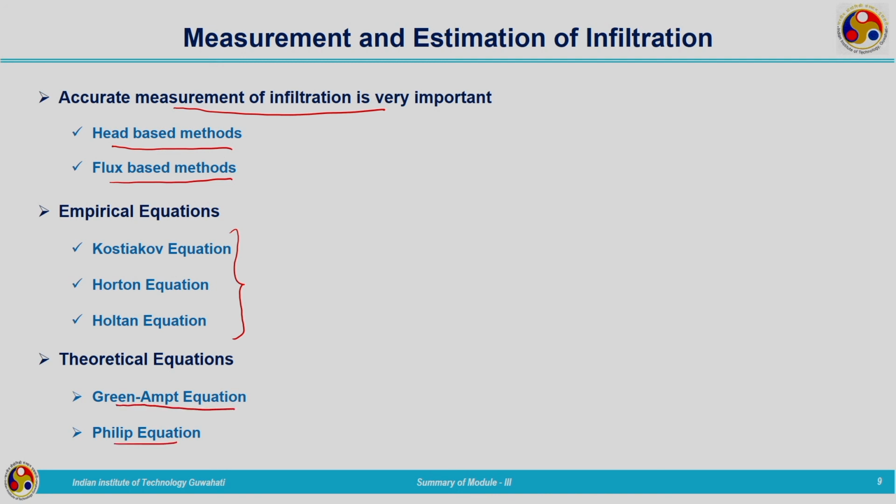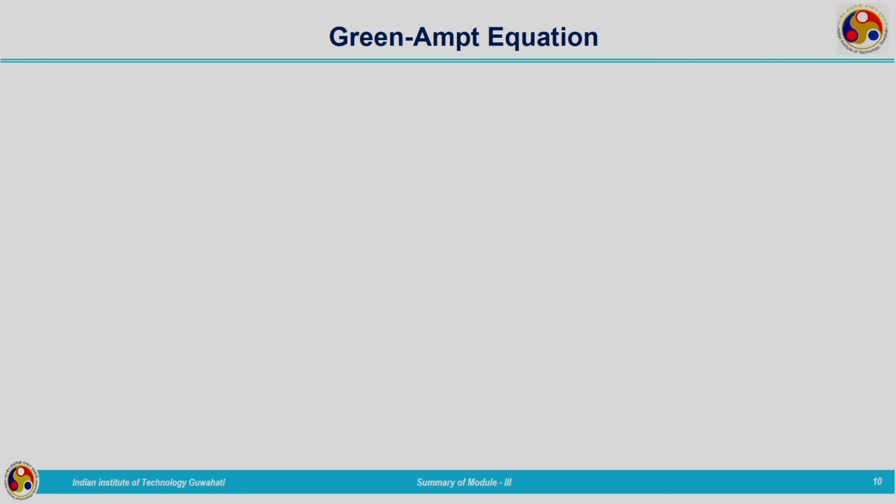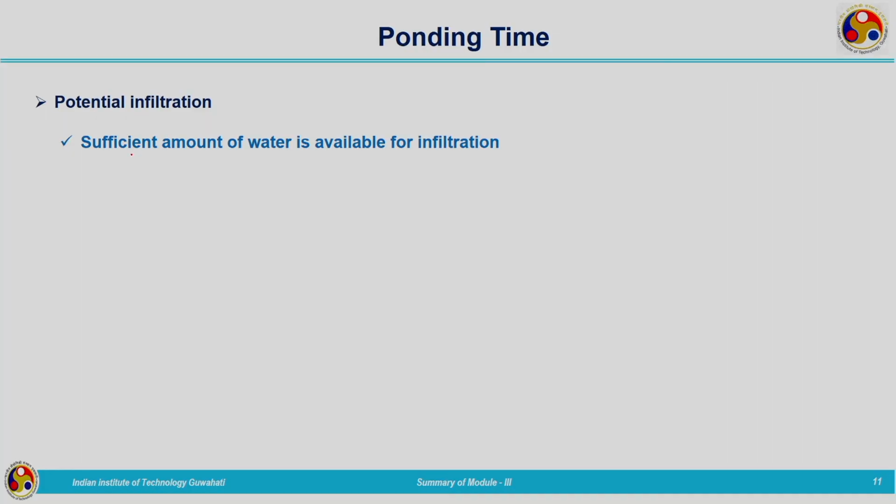So, in detail all these we have seen. After that, we have solved some numerical examples, and after completing the Green-Ampt equation, we have understood a concept termed ponding time. By making use of the Green-Ampt equation, we have found an expression for ponding time. So, potential infiltration is the one I have already told you.